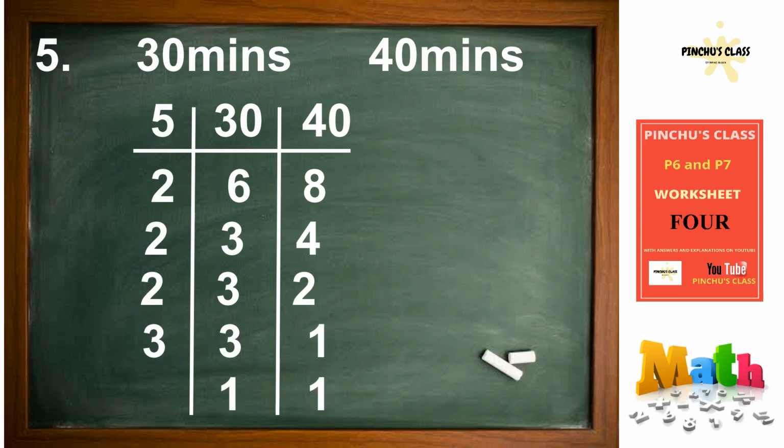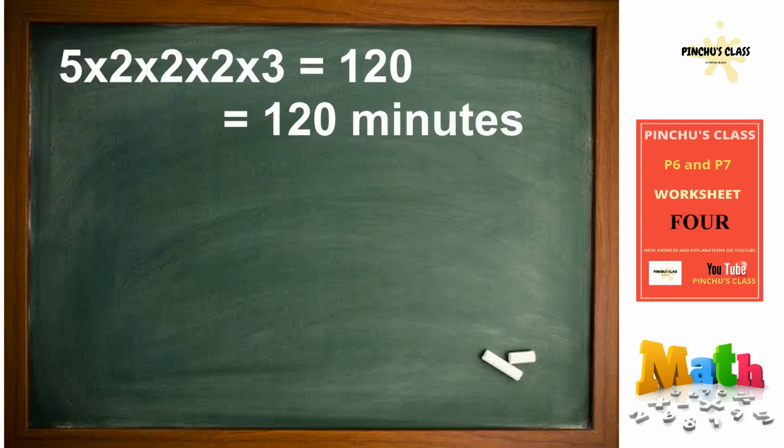And then to divide 3, we shall use the prime factor 3 to get 1, 1. After that, we get 5 times 2 times 2 times 2 times 3, and that gives us 120 minutes. So the 2 bells take 120 minutes to ring together again.